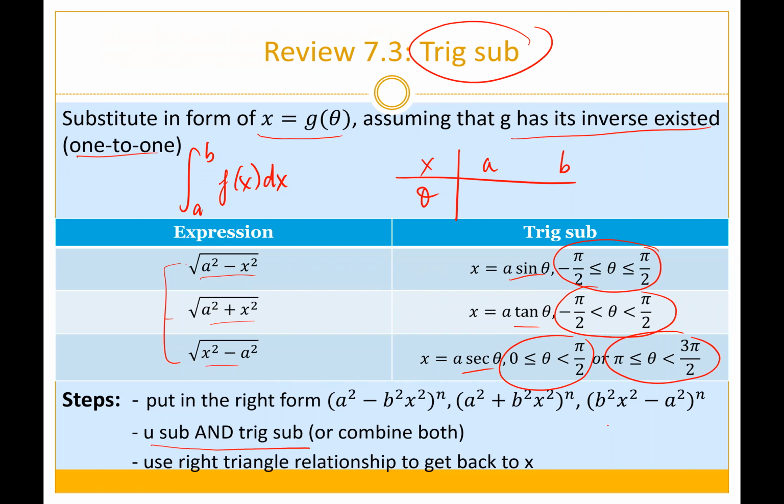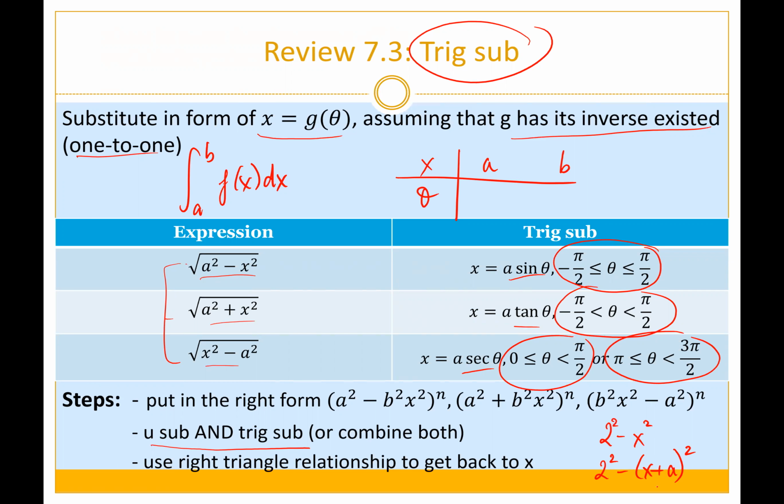Instead of something as easy as 2 squared minus x squared, usually you're going to have 2 squared minus x plus a squared, where a can be any kind of constant. That's when you have a complicated case where you have to use both u substitution and trig substitution.